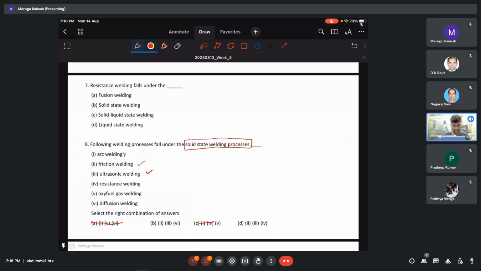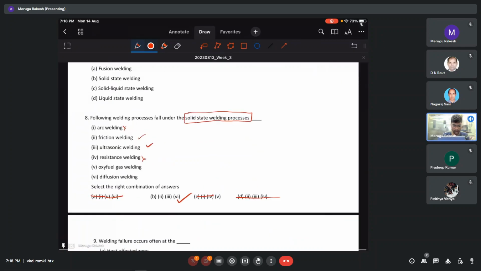Then resistance welding actually comes under fusion welding, so the fourth option is wrong. So this is wrong, and this is the correct option. Oxy-fuel gas welding is also fusion welding. Then diffusion welding comes under the solid state welding processes. So friction, ultrasonic, and diffusion welding are the solid state welding processes.